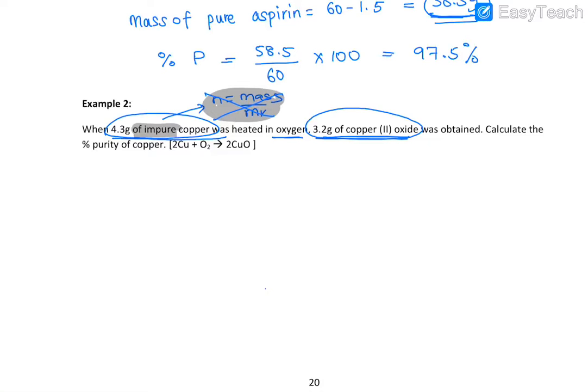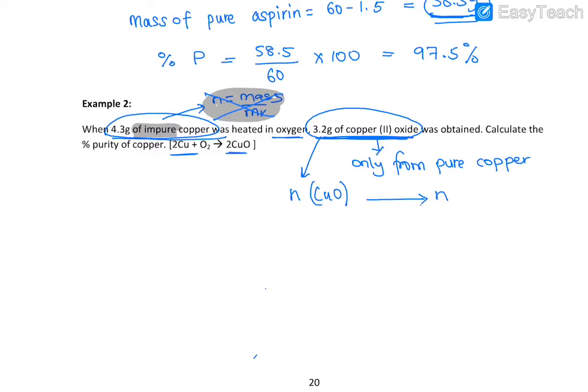But because it produces copper oxide, this is a product. So the copper oxide is coming only from pure copper. So if you get the number of moles of copper oxide and you use the equation given, you can find the number of moles of copper.